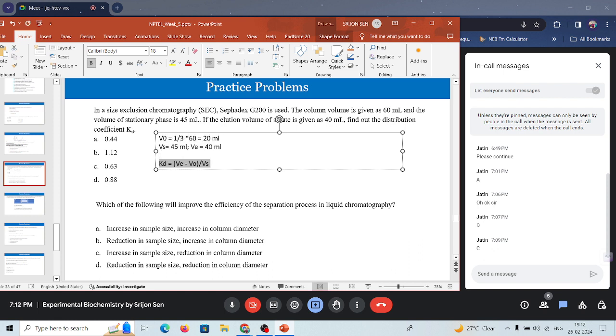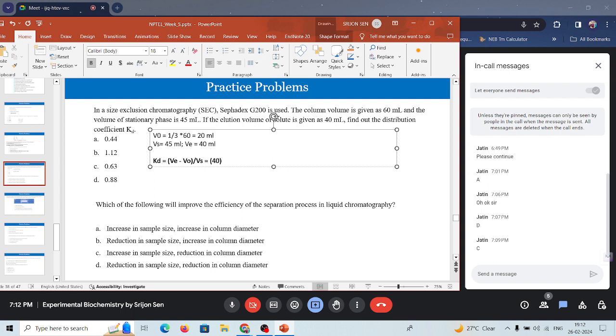KD equals VE minus V0 divided by Vs. So what is that coming up to? 40 minus 20 divided by 45. So it is about 0.44. So A is the correct option. I guess it is clear.